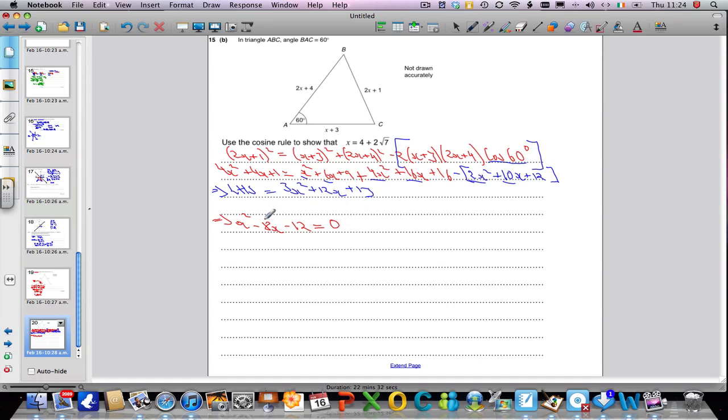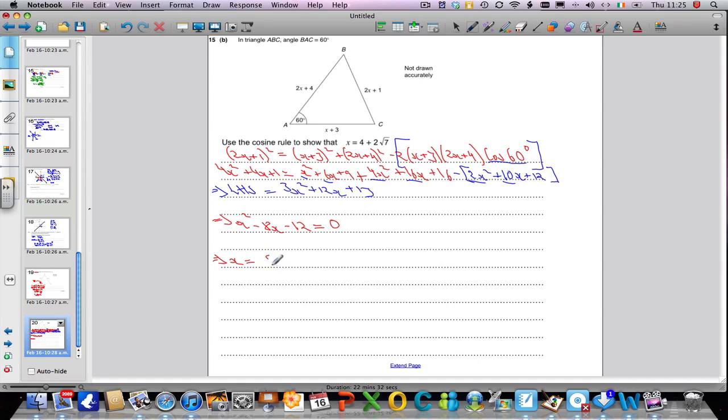Now if you look at this closely, you'll see that you cannot factorize it simply, and also the answer that we're told to give should give you a hint of what we need to do. It's quadratic formula time.